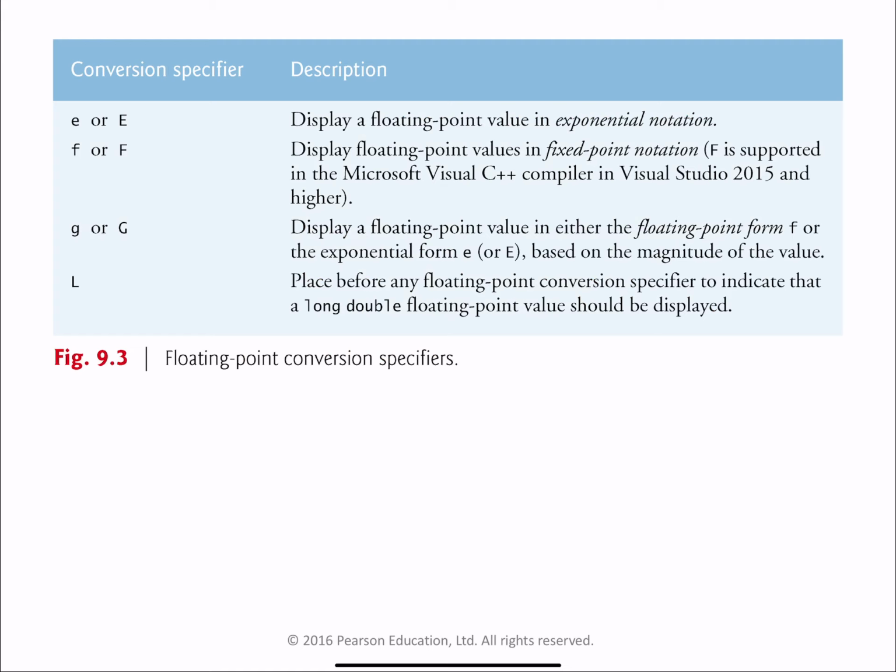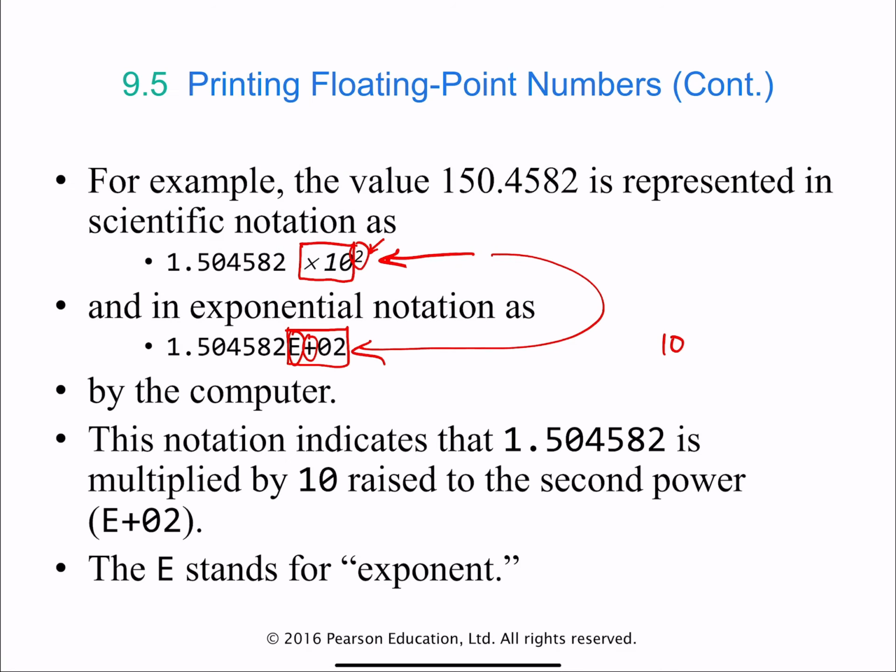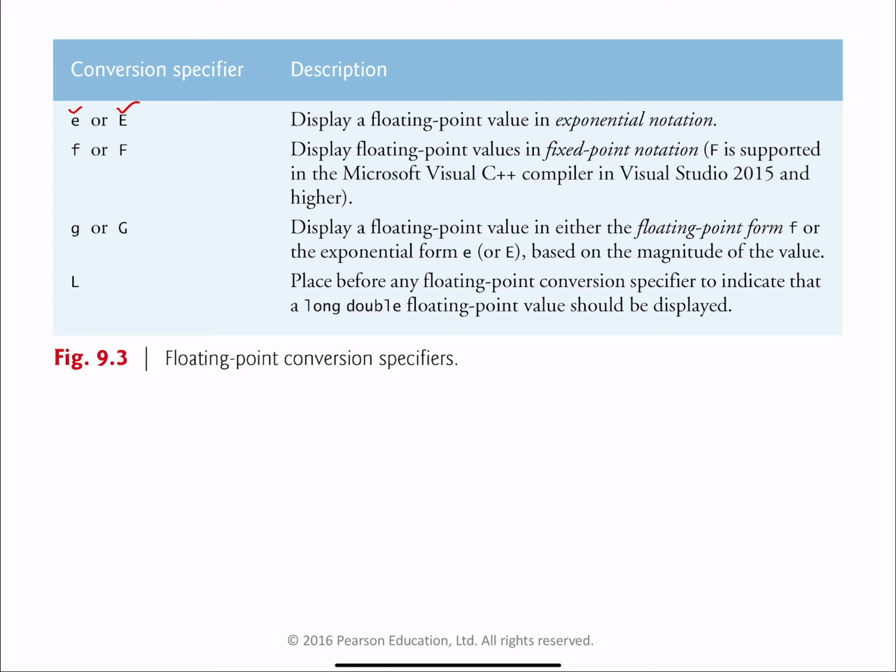There are some variations here. You can use a lowercase e or an uppercase E, and really all this is just cosmetic. All it does is change whether the e that you see printed out over here is a lowercase or an uppercase E, kind of like the difference between printing out a hexadecimal number with a small x or an uppercase X in the conversion specifier.